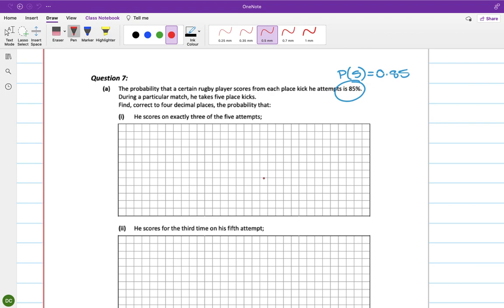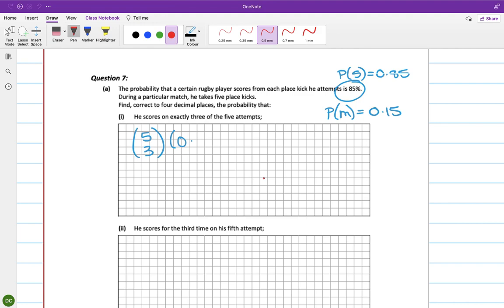Okay, so this is success and failure, literally. He either scores or he misses. Probability of missing is 0.15. So he makes 5 attempts. We want him to score 3 of them. Probability of scoring is 0.85 and we want him to score 3.